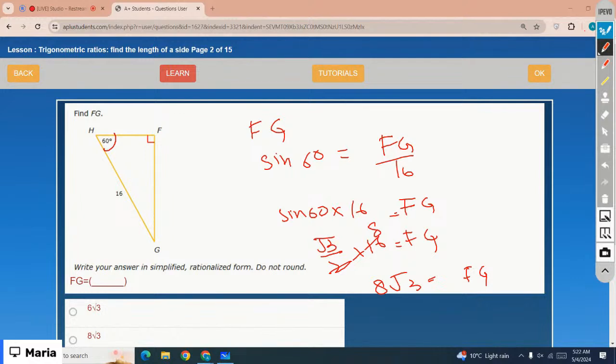So the correct option is 8 square root 3.